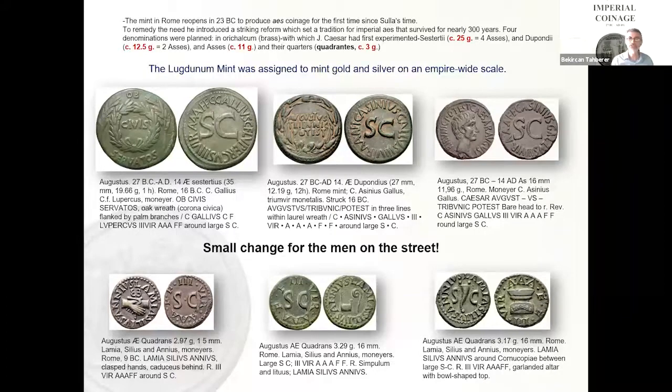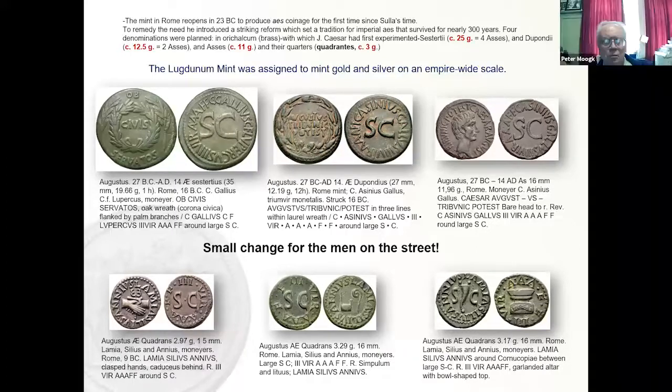So this is really curious. He minted coins everywhere during the Civil War, and yet after establishing himself, he chose to use a mint far from the capital. That's really curious, because he knew that coin minting is a money-making business, and the Senate had the authority to coin before the Civil Wars.